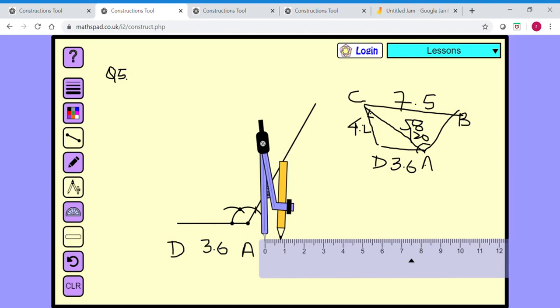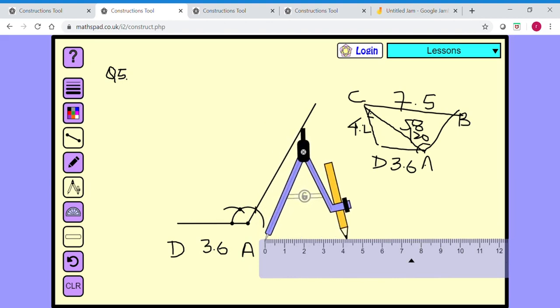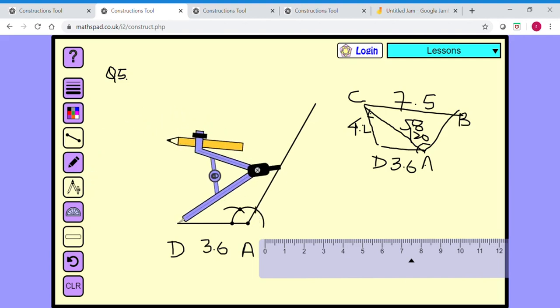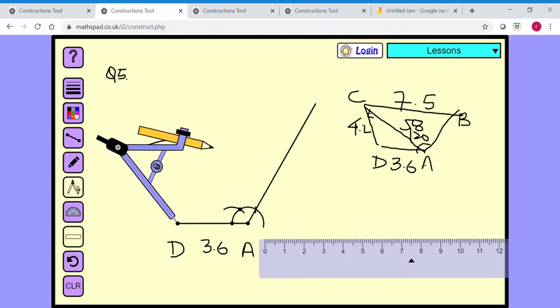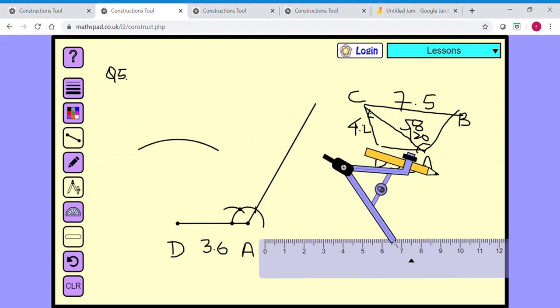This chapter will take long because construction takes long on our computer. Done. So I've measured 4.2. I am keeping it on D and I am trying to make an arc of 4.2. Basically, it's a part of a circle, and any point on this arc will be at a distance of 4.2.